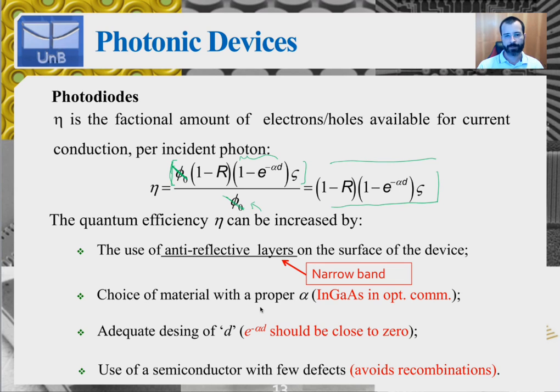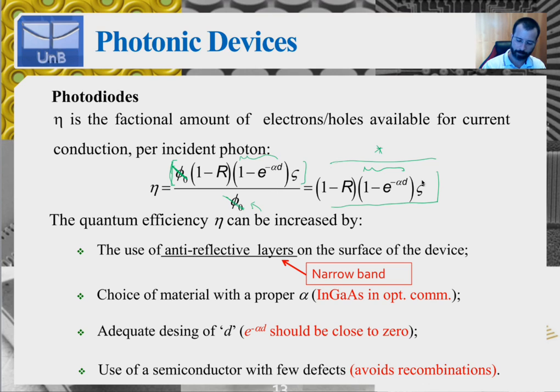Also, if we choose a material with a proper alpha attenuation constant, so for example, indium gallium arsenide is a material which is typically used in optical communication wavelengths or frequencies, because it has an adequate attenuation constant for the related wavelengths. And we can also design properly the length of the device, so the length in which the light beam is going to propagate inside the device, in order to make this term right here close to 1, right?